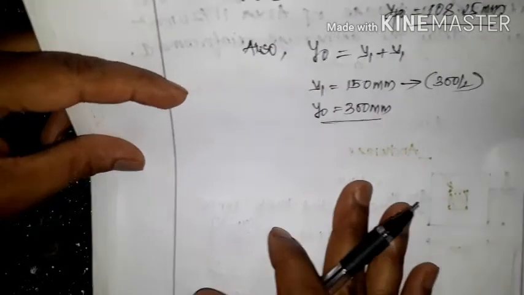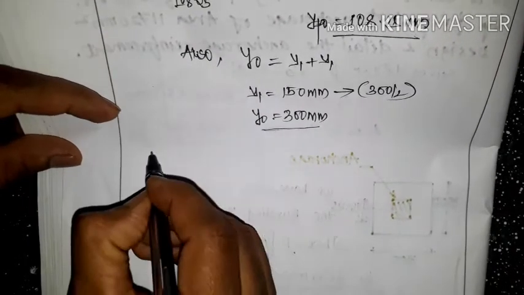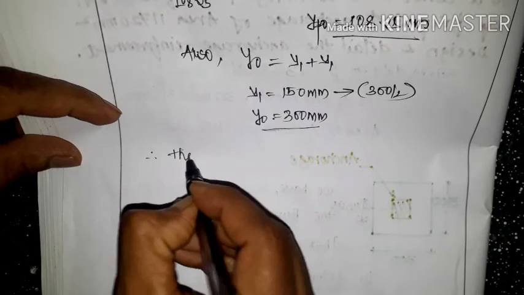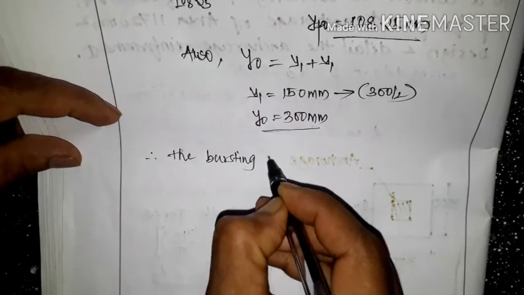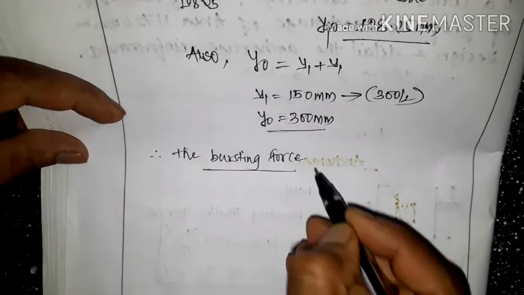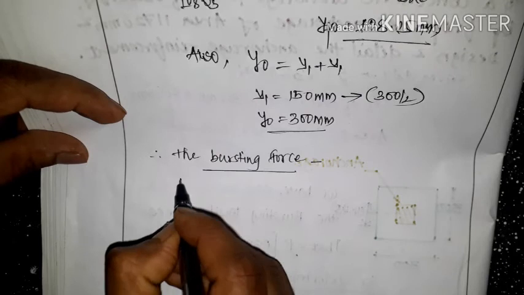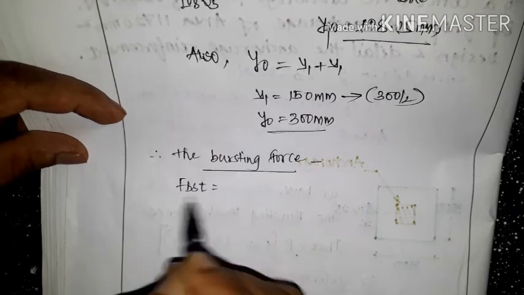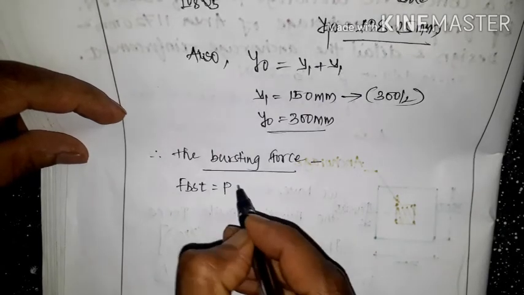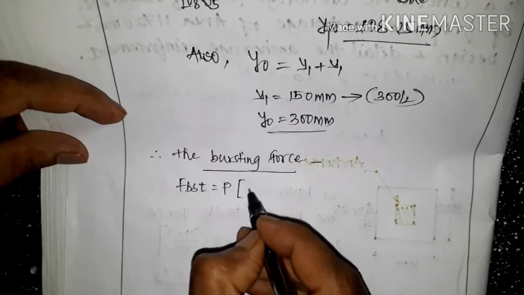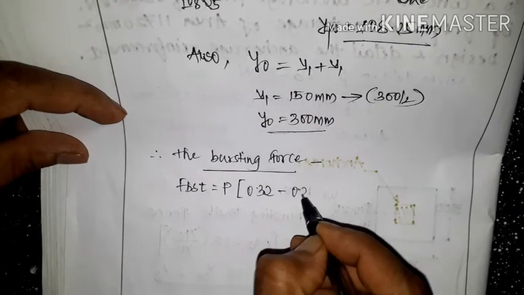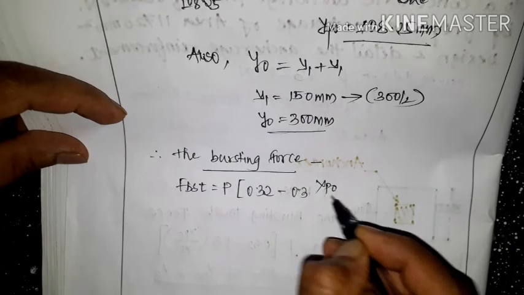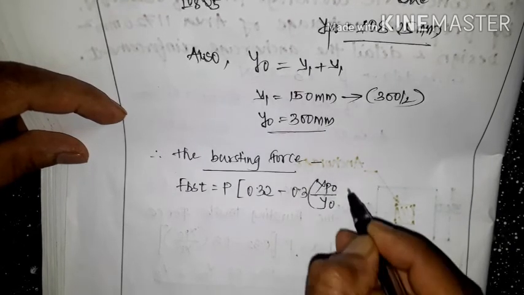Therefore the bursting force FBST is equal to, I will rewrite the formula once again, P into bracket of 0.32 minus 0.3 Yp naught upon Y naught.